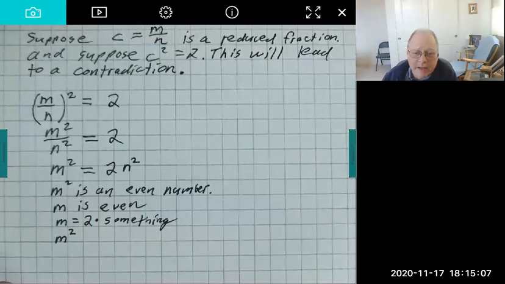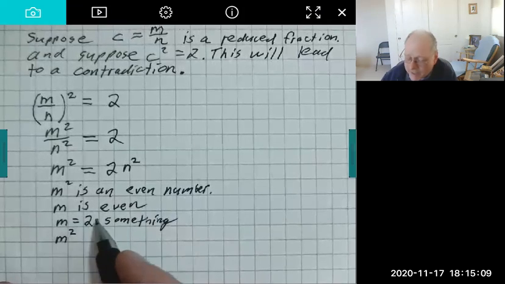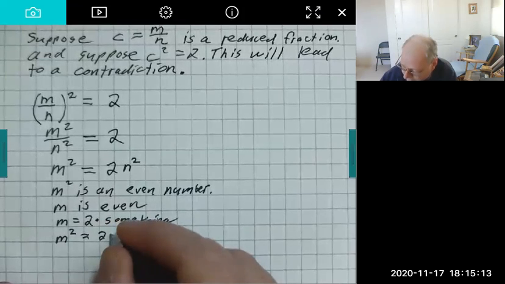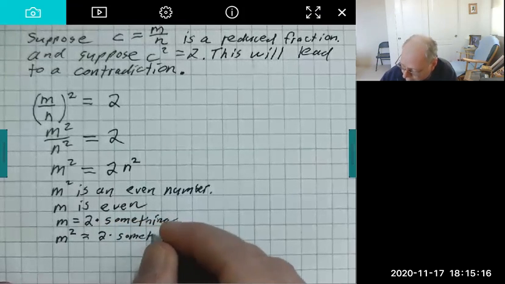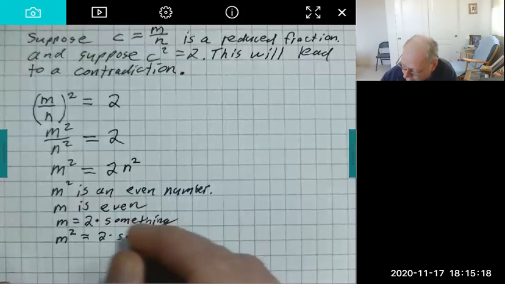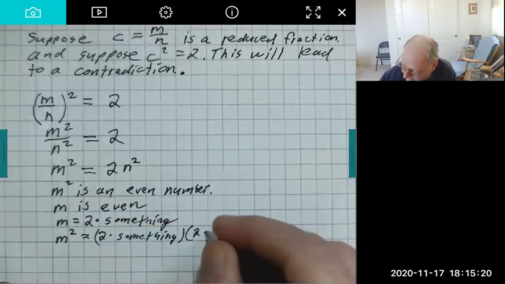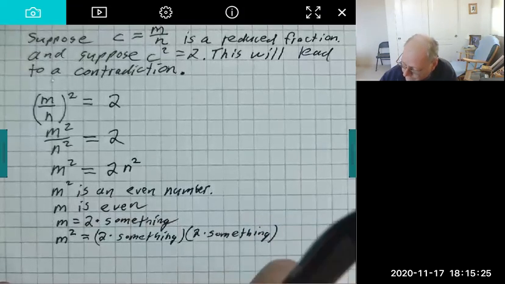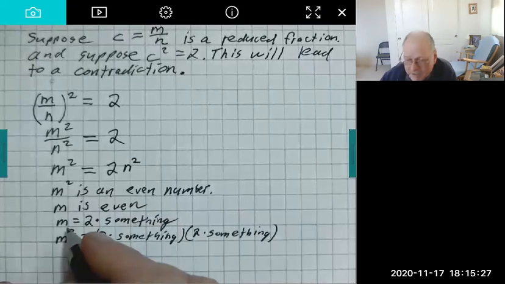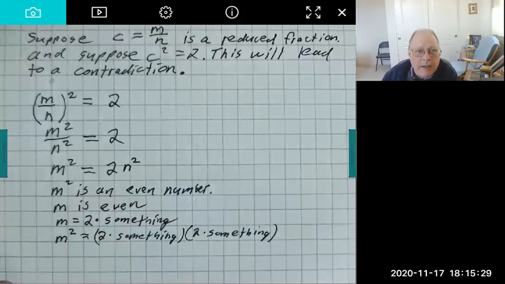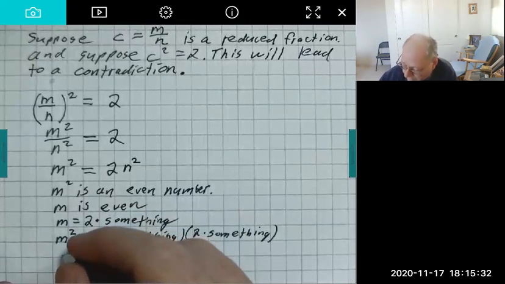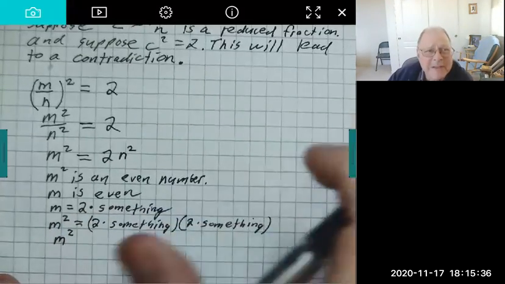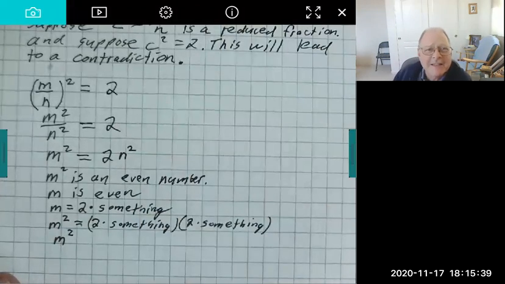So m squared is not just even. If you multiply m times m, it's 2 times something, times 2 times something. See what I mean? m squared is a multiple of 4. Your eyes are starting to glaze over. You say, where's this going? I'm almost done. It's 3 more lines.